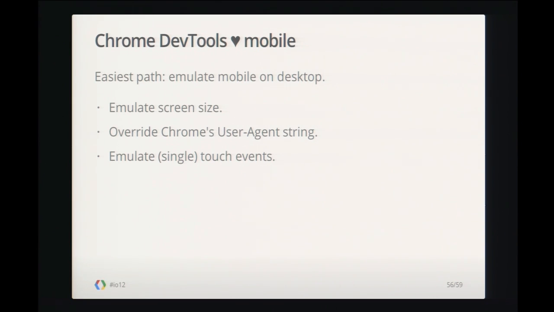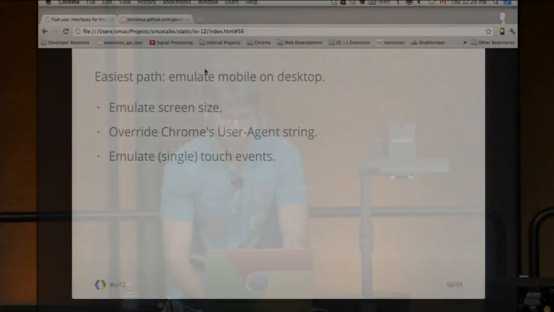And of course, the easiest path to getting started with mobile development is to emulate it on the desktop. You don't have to deal with extra devices. You don't have any of that headache of having to touch around all the time. So it's nice. And I've shown you how to emulate screen size, how to override the user agent string. And let me just show you one more thing.